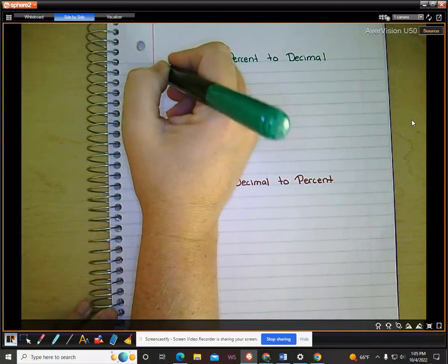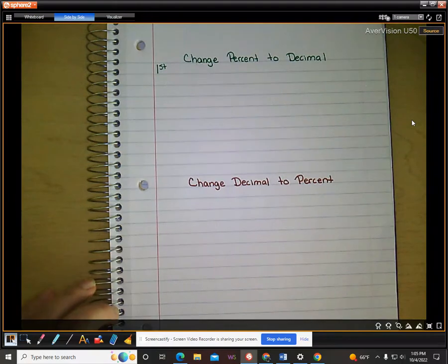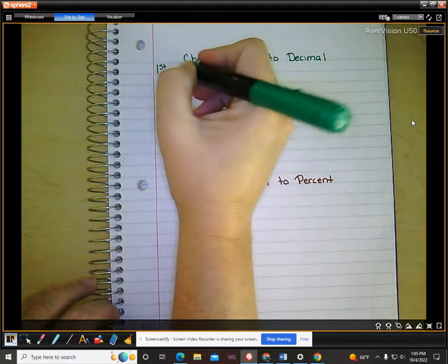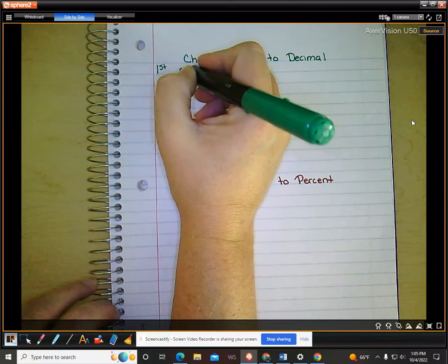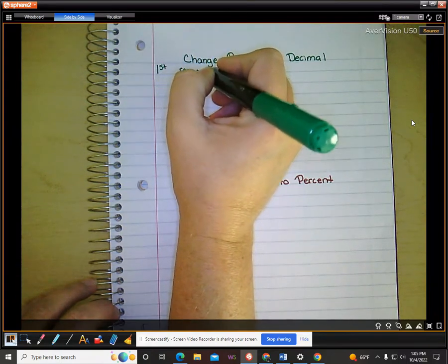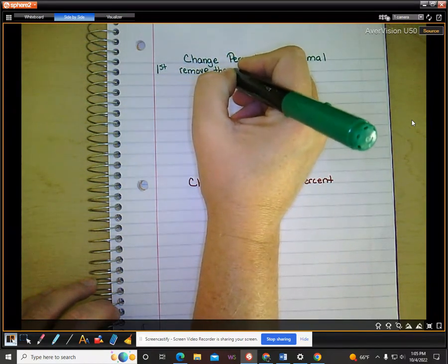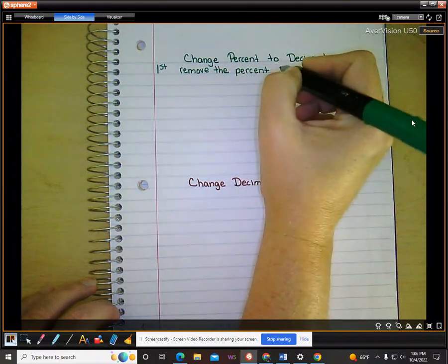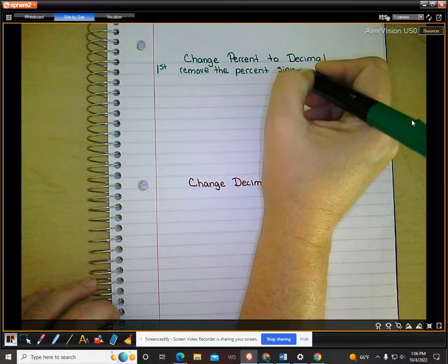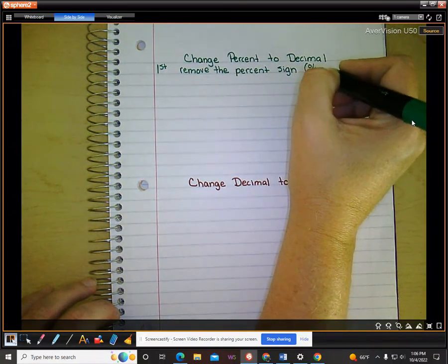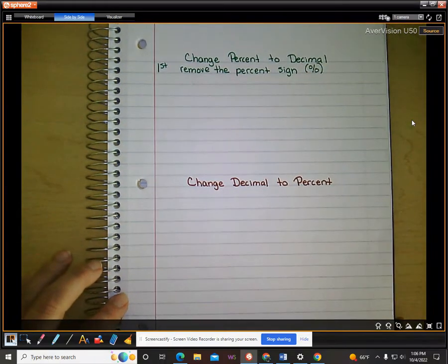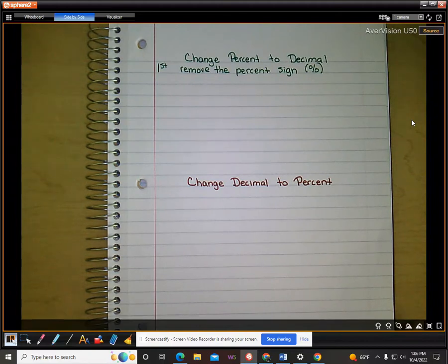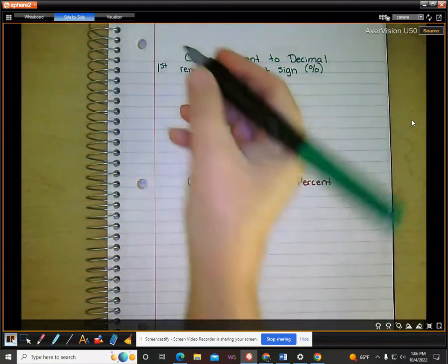Okay, first thing you're going to do, because it is no longer a percent, is to remove your percent sign. And just in case we forgot what that looks like, that's what a percent sign looks like. So when you're changing from a percent to a decimal, first thing you need to do is get rid of the percent sign because it's not a percent anymore. It's going to be a decimal.